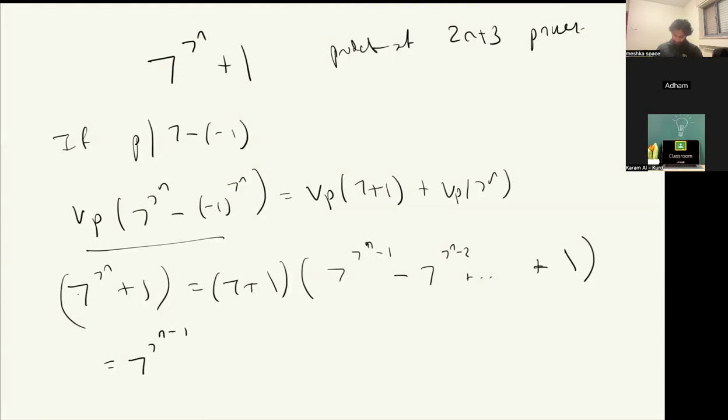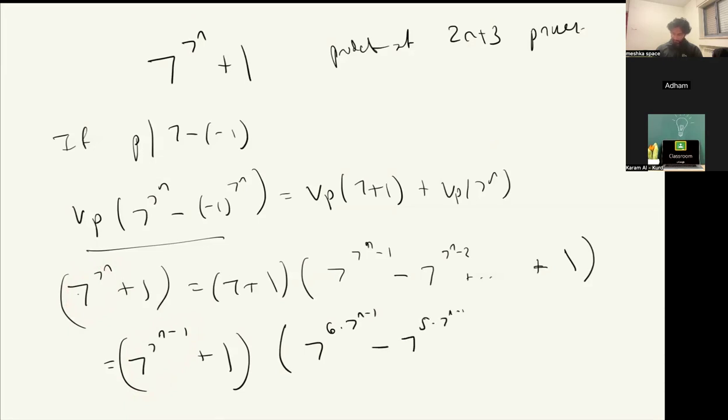Because this number is a 7th power, right? And that times something, it'll be 7 to the 6 times 7 to the n minus 1 minus.